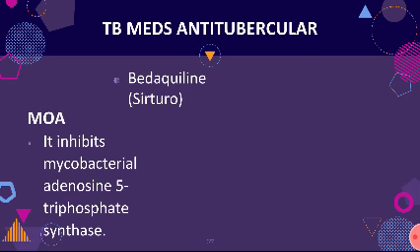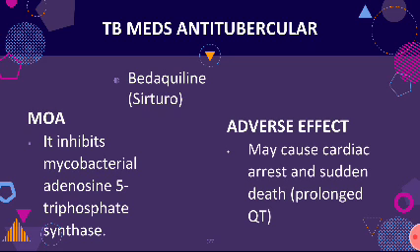The major adverse effect of this is that it may cause cardiac arrest and sudden death due to prolonged QT. Prolonged QT, or QT prolongation, is the measure of delayed ventricular repolarization, which means that the heart muscle takes longer than normal to recharge between beats. So this can be seen on ECG.